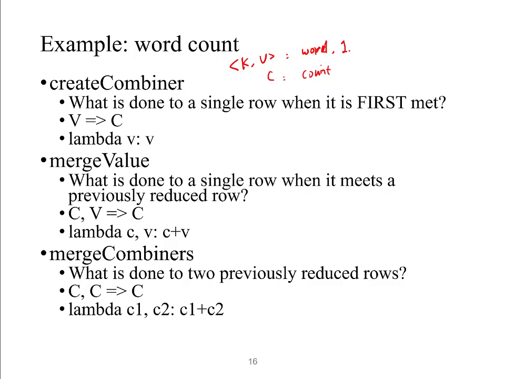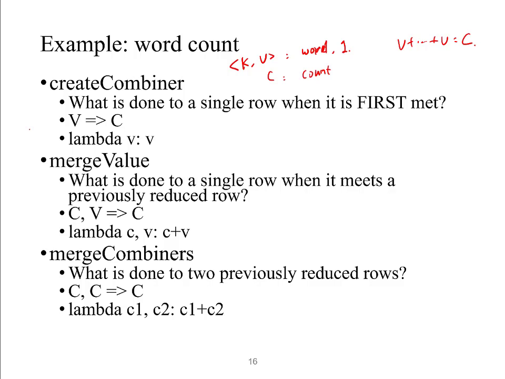The key is the word, the original V is 1, so C is the count. For one word, each occurrence has a 1, so you only need to add up all these ones to get the count. So it seems that this C comes from the sum of a set of Vs.